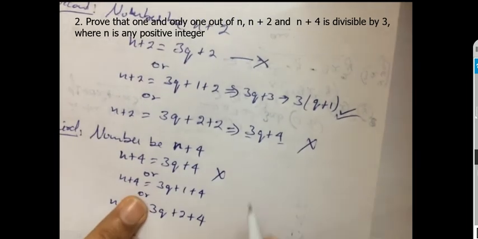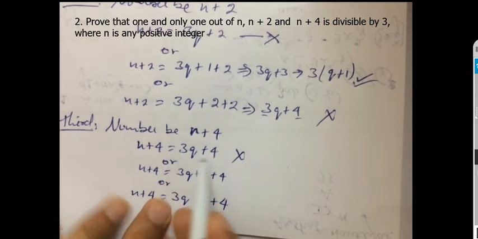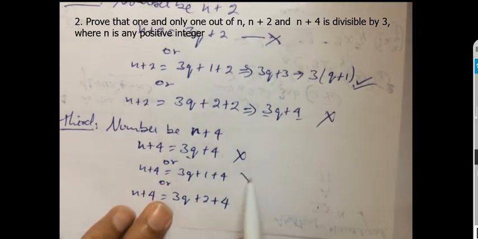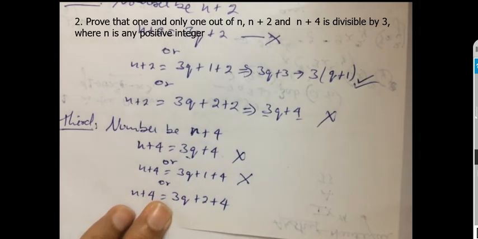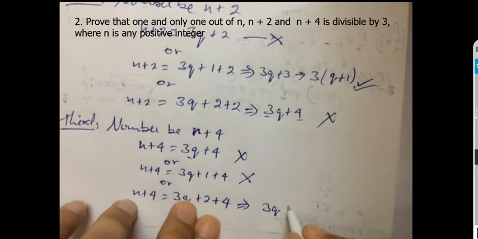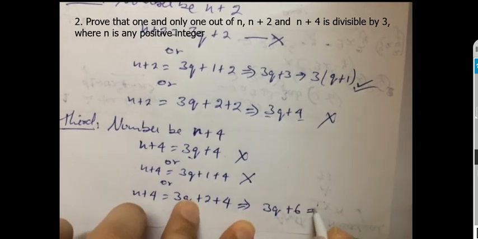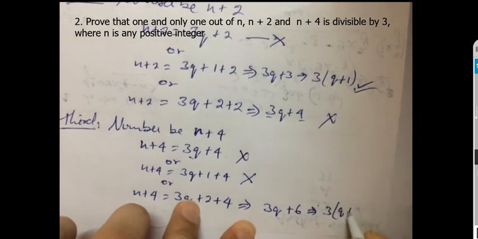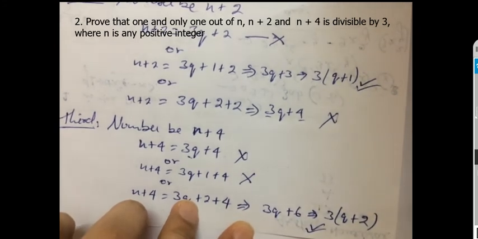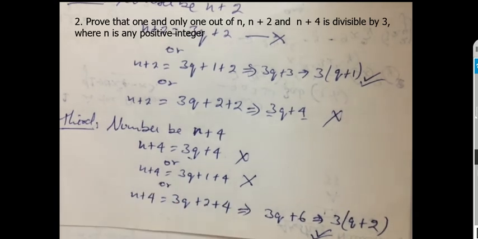The first is not divisible by 3 because there isn't any common factor. The second will be 3q plus 5, again not divisible by 3 because there isn't any common factor. In the third one, it is 3q plus 6. We can write it as 3 times q plus 2. Therefore, it is divisible by 3 because there is a common 3 and it can be divided by 3.